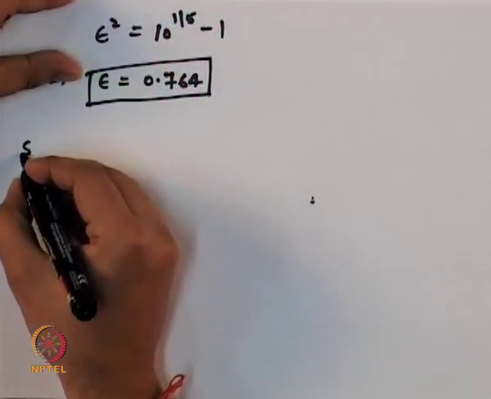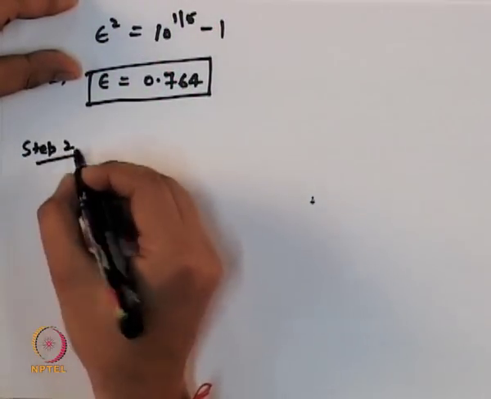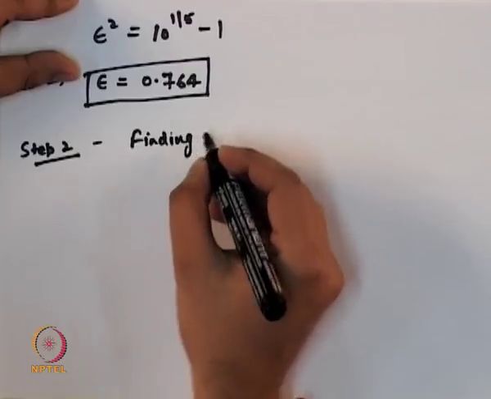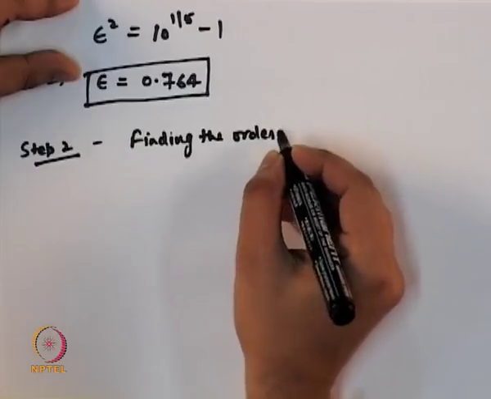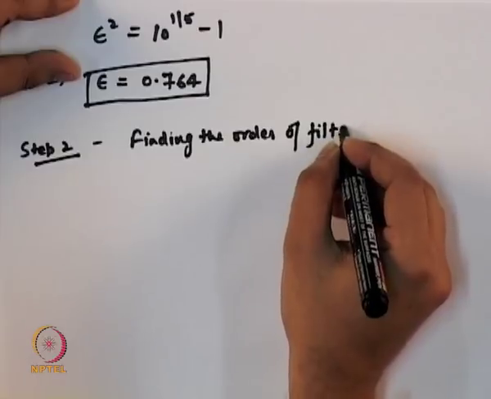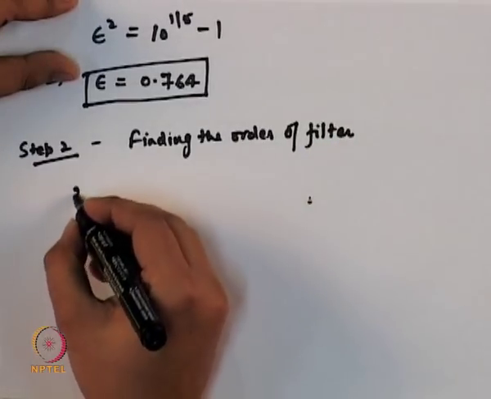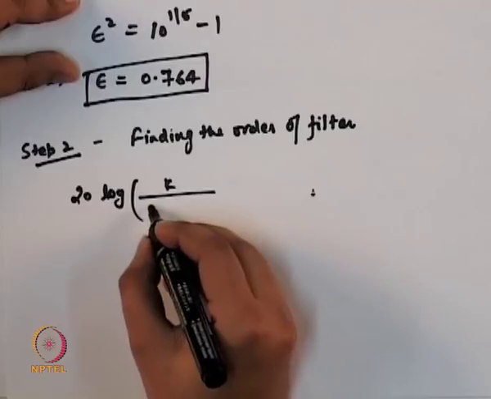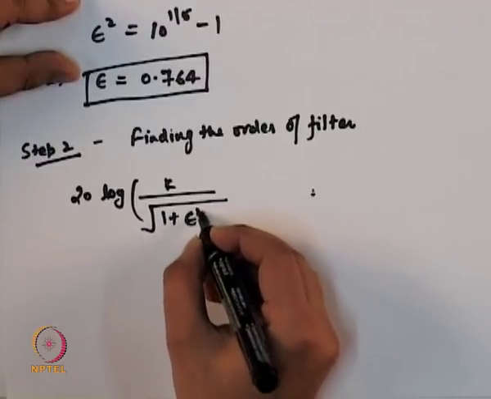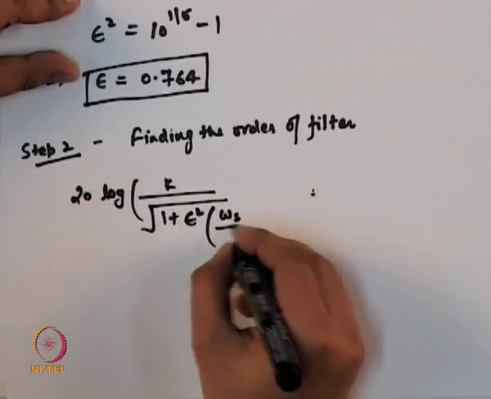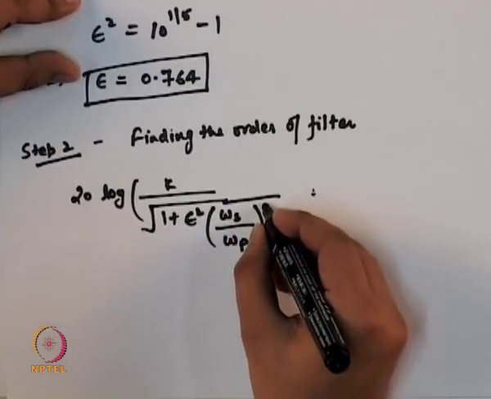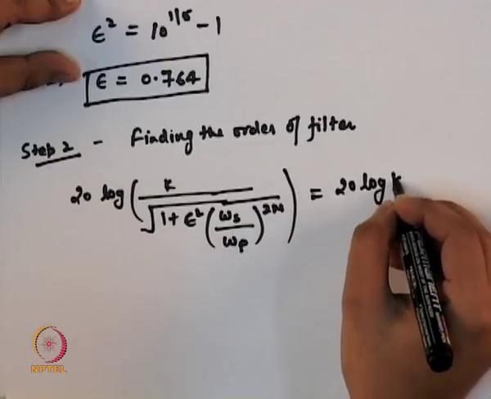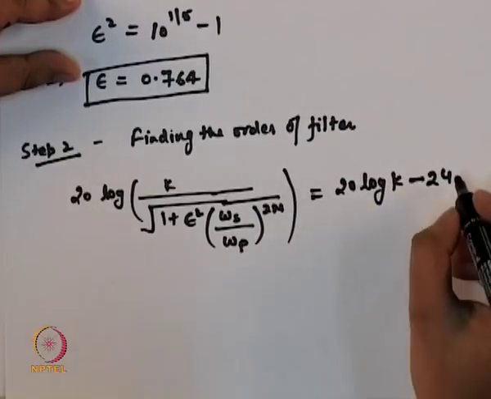So step 2, finding the order of filter. We have 20 log of k upon under root 1 plus epsilon square (omega s upon omega p) raised to power 2n equal to 20 log k minus 24 dB.